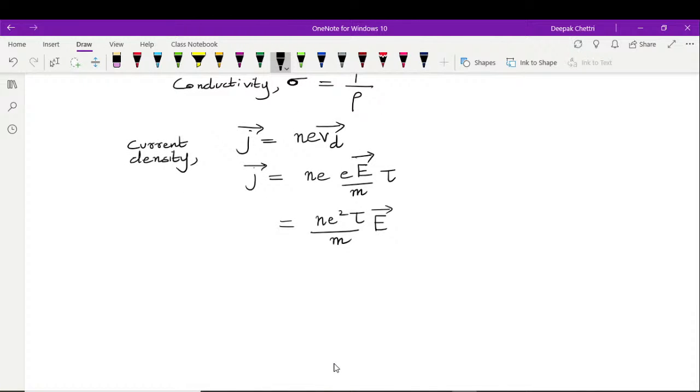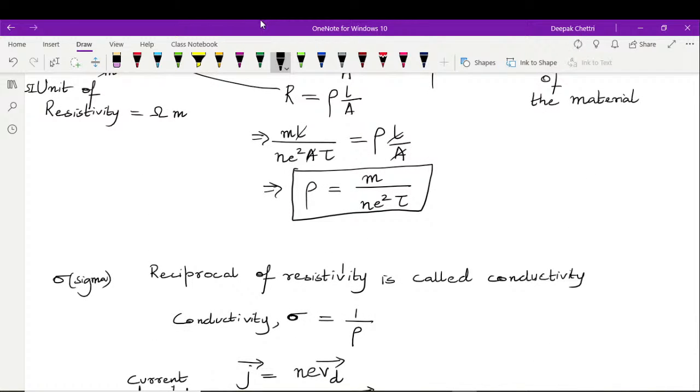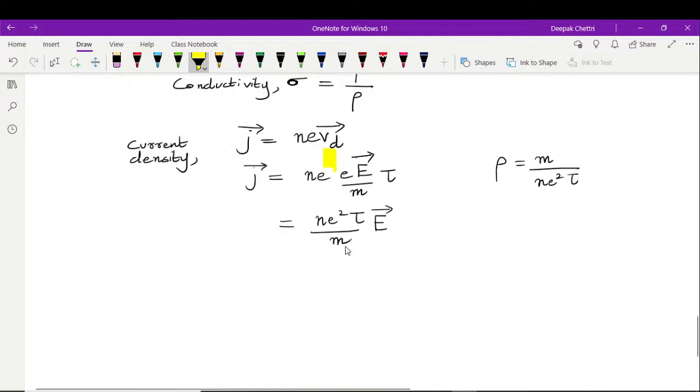Now just above we have learned that rho is equal to m divided by n e square tau, right? If you can see here, this is your rho, and I will be putting this value here. So J can be written as E divided by rho.